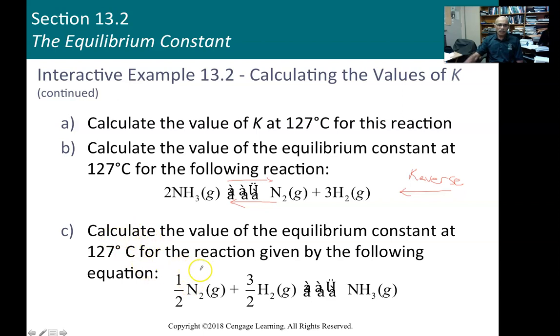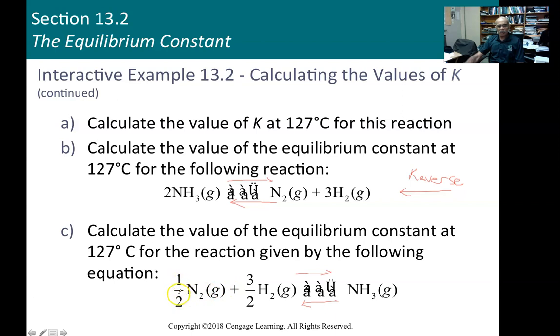Now instead of the reverse, this one is still forward. Notice from what we had previously, instead of reverse, this one actually has reduced these quantities or the coefficients by half.